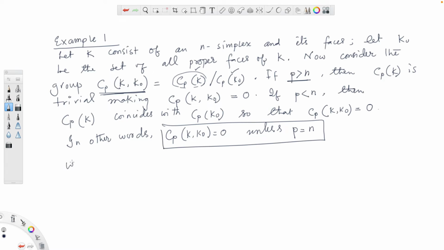Okay, when p is equal to n, since K0 is an n minus 1 dimensional complex, C sub n of K0 is trivial.